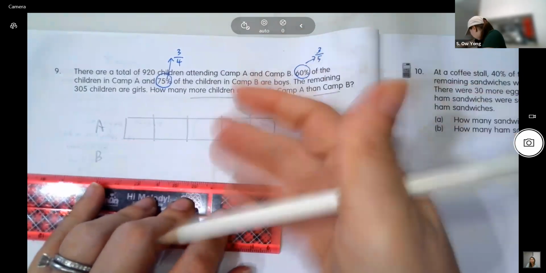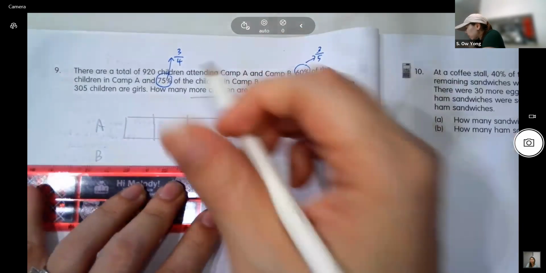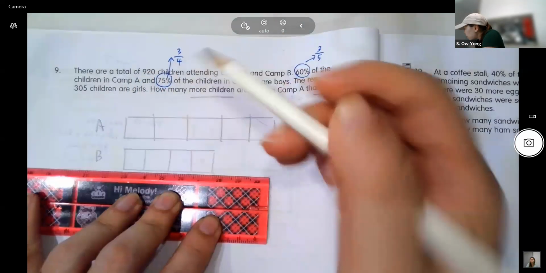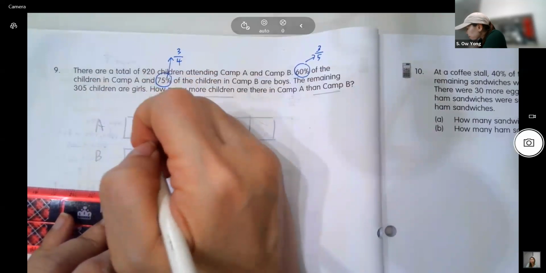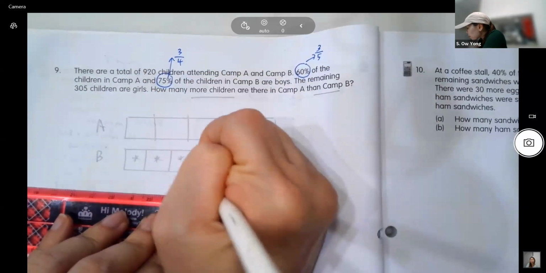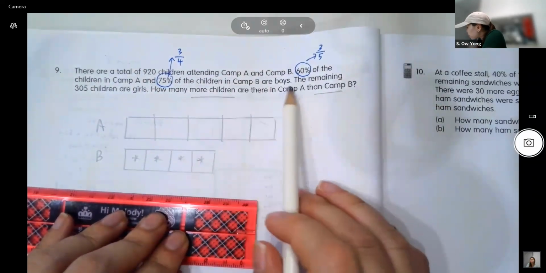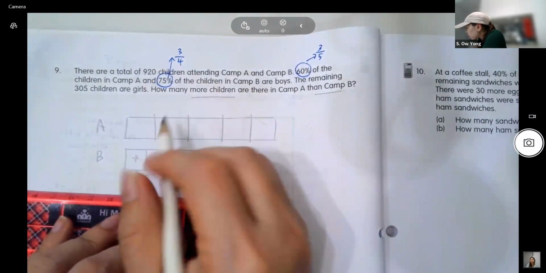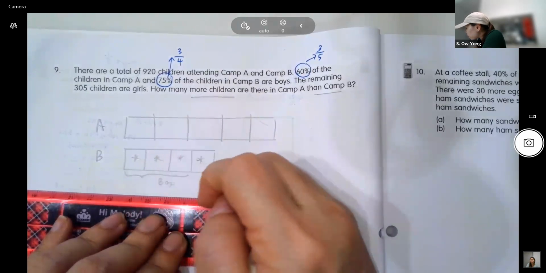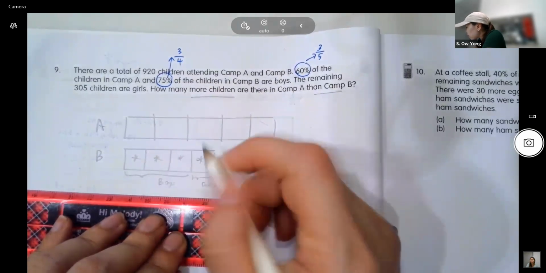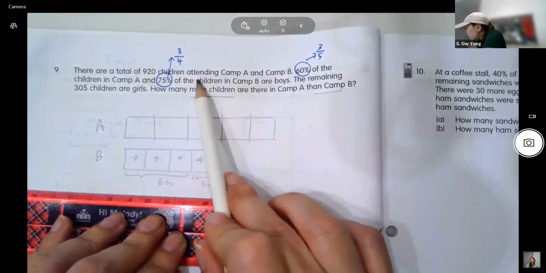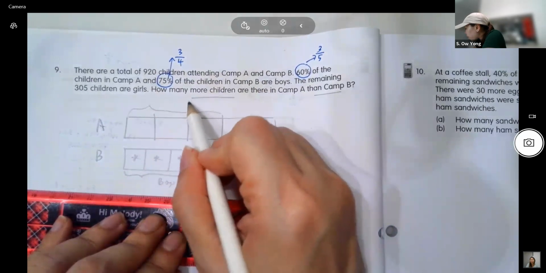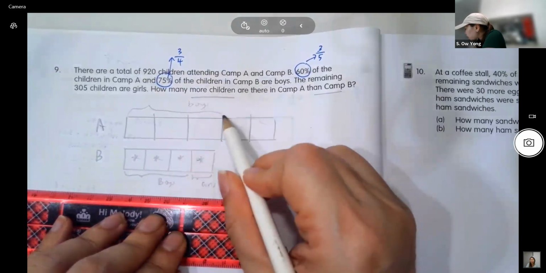Then I'm going to draw maybe 4 units because of different size. This one maybe I put a star. They did say that 3/4 are boys. These are boys, and this one will be girls. But for Camp A, they say that 3 out of 5 are boys and the rest are girls.